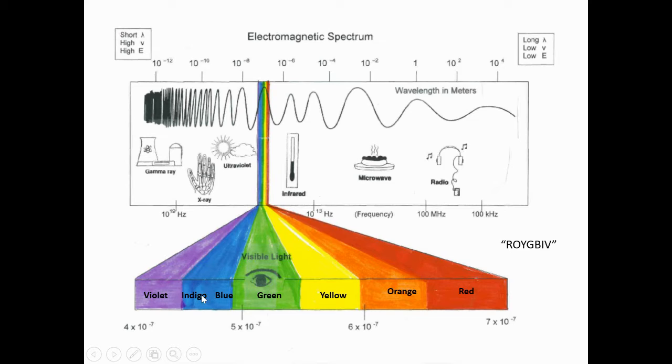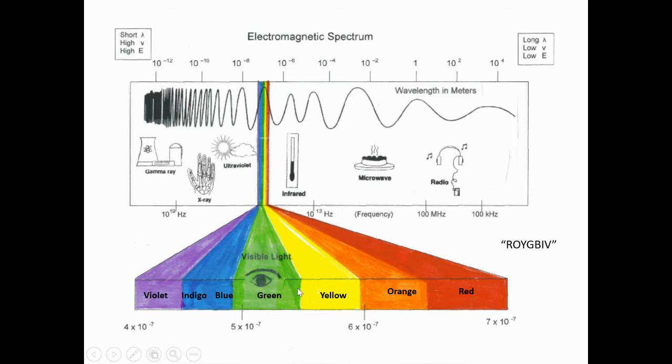We're going to kind of lump those together, and violet. So the water droplets in the air act as prisms that split that light into those various colors. So when we talk about visible light, relatively speaking, the longest wavelength is red, the shortest wavelength is violet.